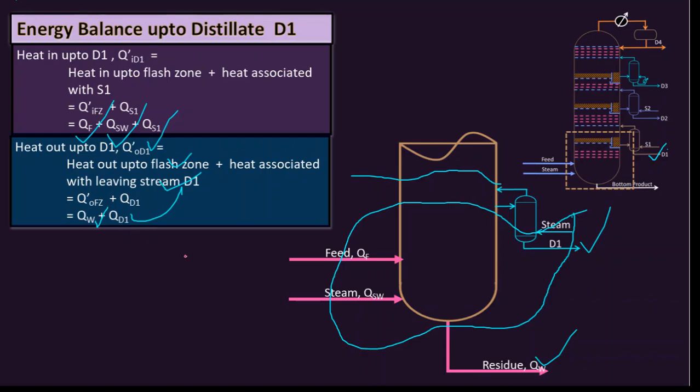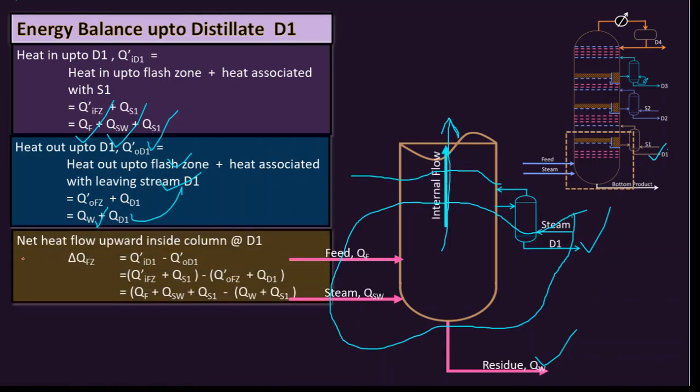So now our target is delta, that is the amount that is going to the upward section. The next is the net heat flow upward inside the column from D1, that is at the rate of D1, delta QFZ. So it is heat in minus heat out.